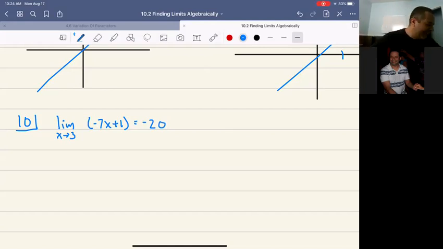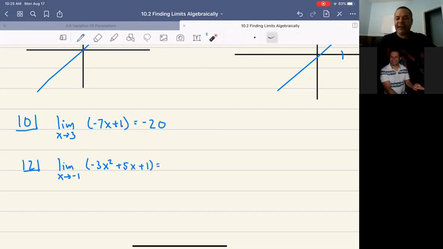Okay, next problem. Number 12 is the limit as x approaches negative 1 of negative 3x squared plus 5x plus 1.